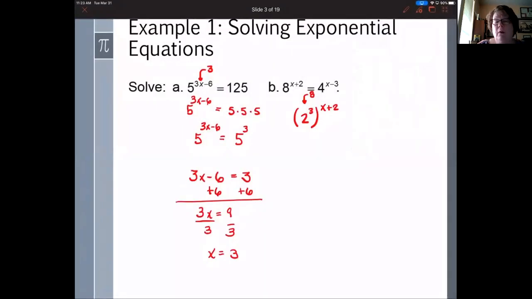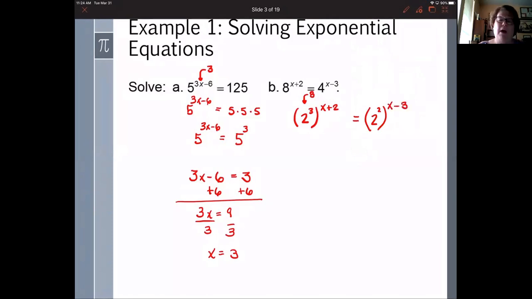So again, I wrote the 8 as 2 to the third power, and I'm raising that to the x plus 2. So I have 2 to the third, to the x plus 2. Now I'm going to write the 4 on the right-hand side as 2 squared, and I'm raising that to the x minus 3 power.